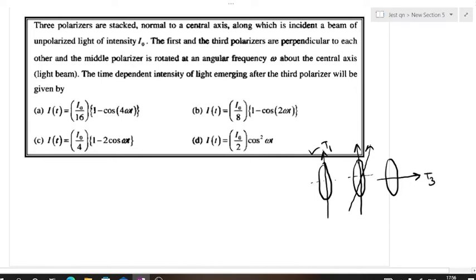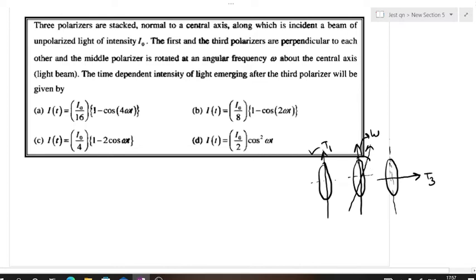So the middle polarizer is rotated at an angular frequency omega. This is omega, about the central axis. The time dependent intensity of light emerging after the third polarizer, so we have to calculate the time dependent intensity of the third polarizer.